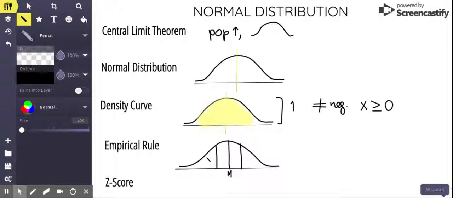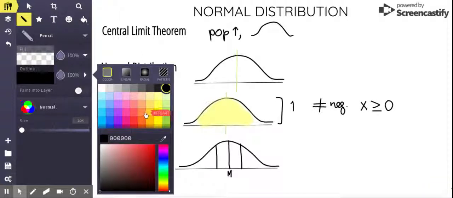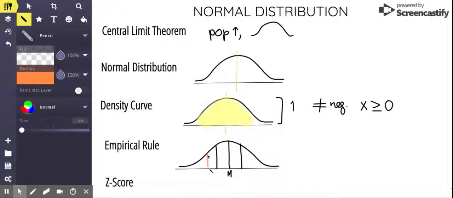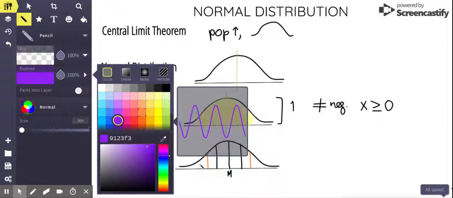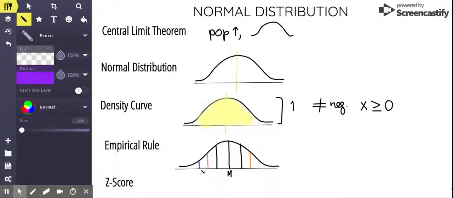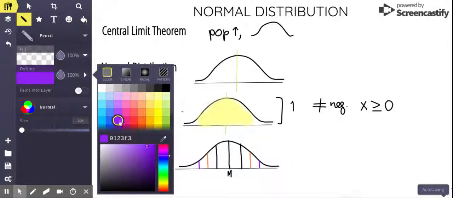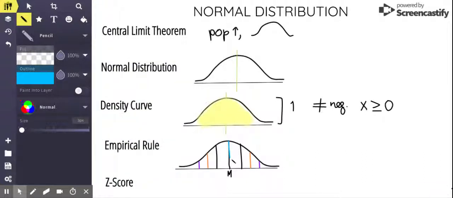We can write in a different color for our second standard deviation, and then another color for our third standard deviation. And then we can make our mean a different color. All right, so that's our mean, and I like to draw that bold line.